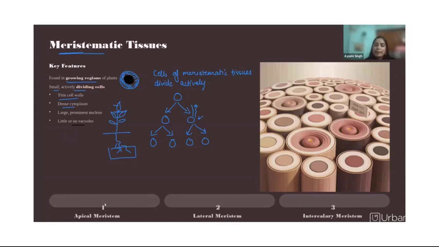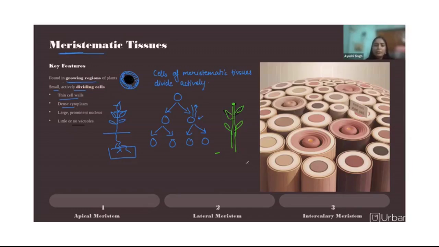Now there are three types. The apical meristem is present on the tip of root and shoot. So suppose this is a plant, and let me take a color which would be more suitable for plants. Okay, so green color. So this is the tip. Now let me draw the root as well, and then we'll talk more.